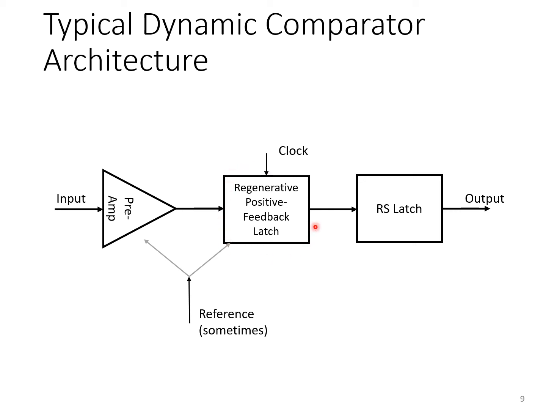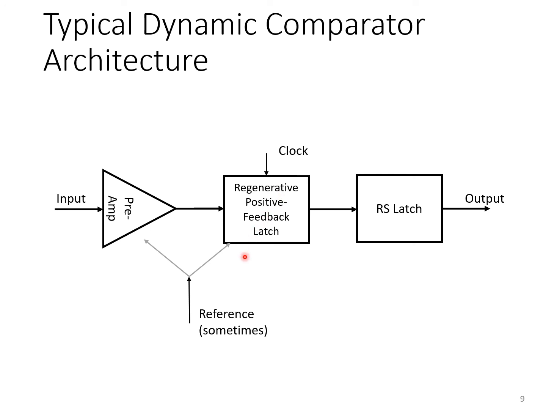That's one way to create an offset in the latch intentionally, and thereby cause the latch to only trip when the input exceeds a certain threshold. Or the reference can be applied right in the preamp, so the input is essentially subtracted from a reference voltage, and the difference between those two is then applied to the positive feedback latch.